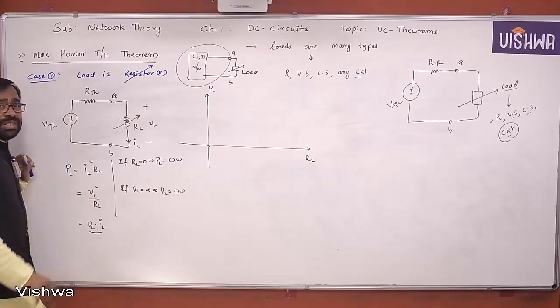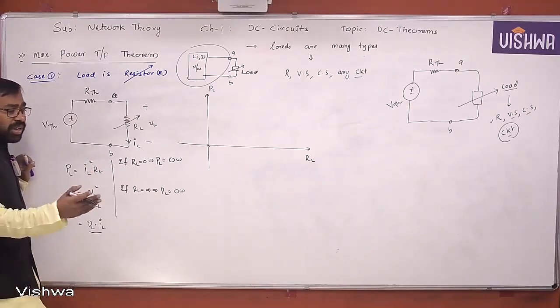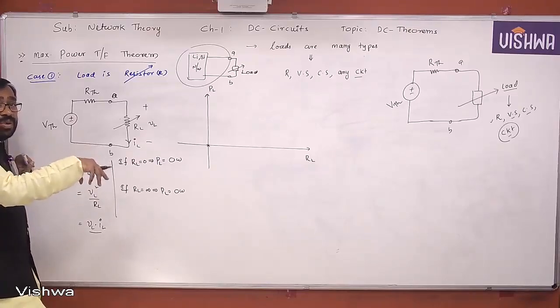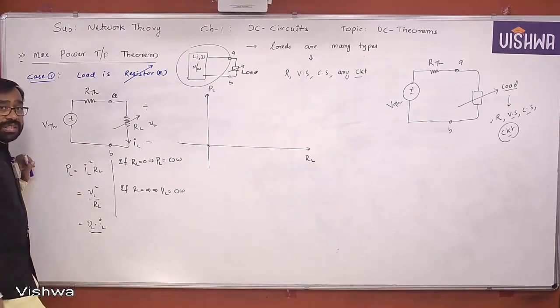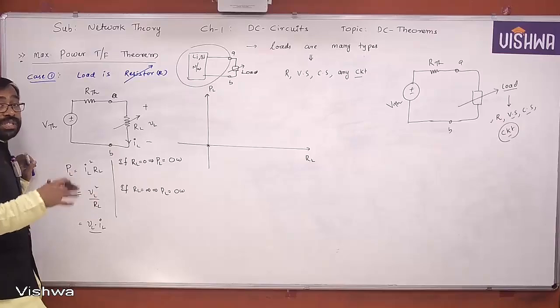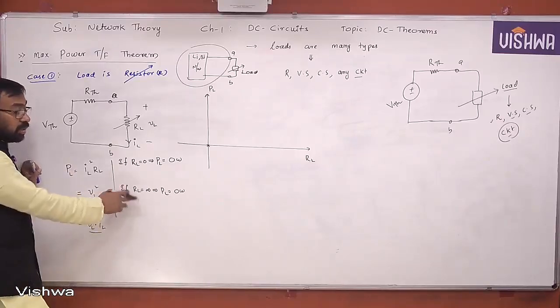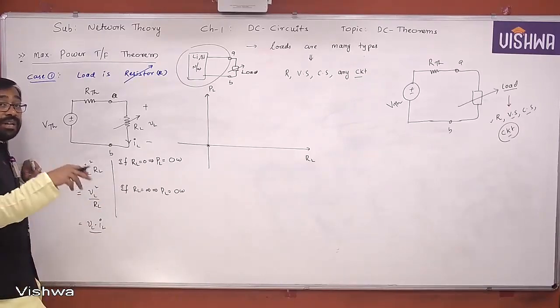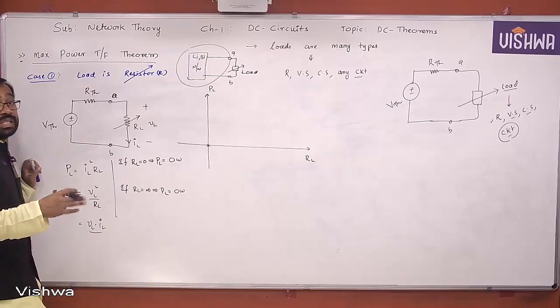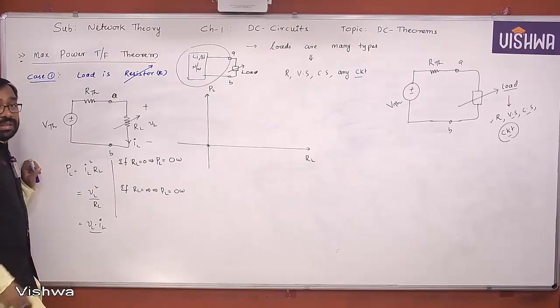In the case of short circuit test, the wattmeter reading is considered to be the copper losses, variable losses. In case of open circuit test, nothing but RL is equal to infinity, the wattmeter reading is considered to be constant losses or else iron losses. Yes or no, all of you?